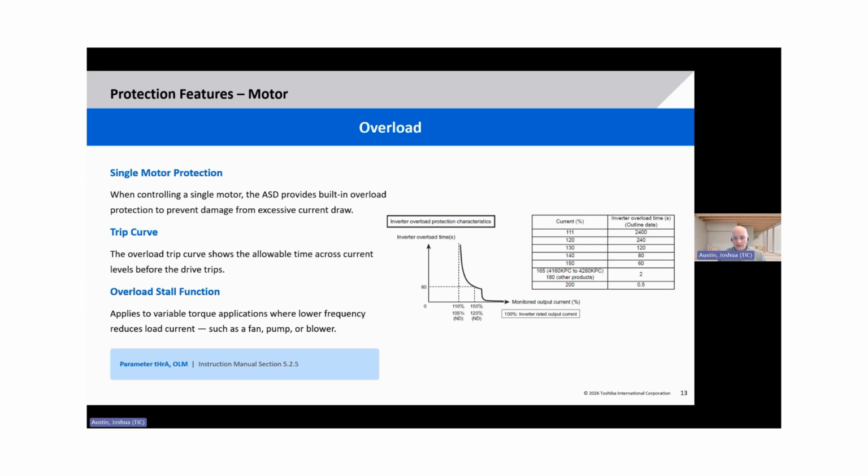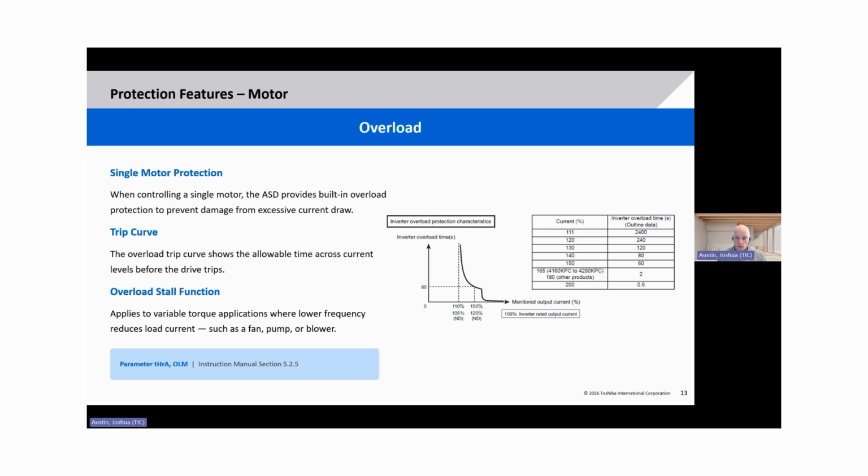On the screen, we have an example of the overload curve, and we also have a table here showing different points on that curve. For example, if you're using a heavy duty AS3, you can actually operate at 110% continuous current without ever tripping or faulting the drive on an overload condition.